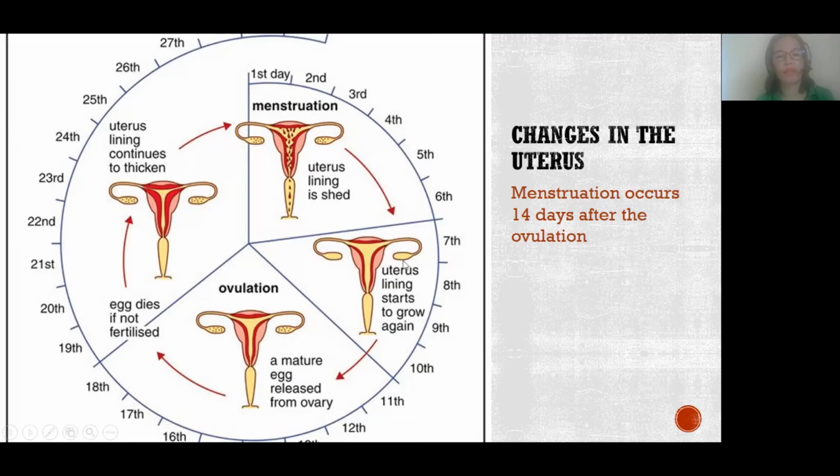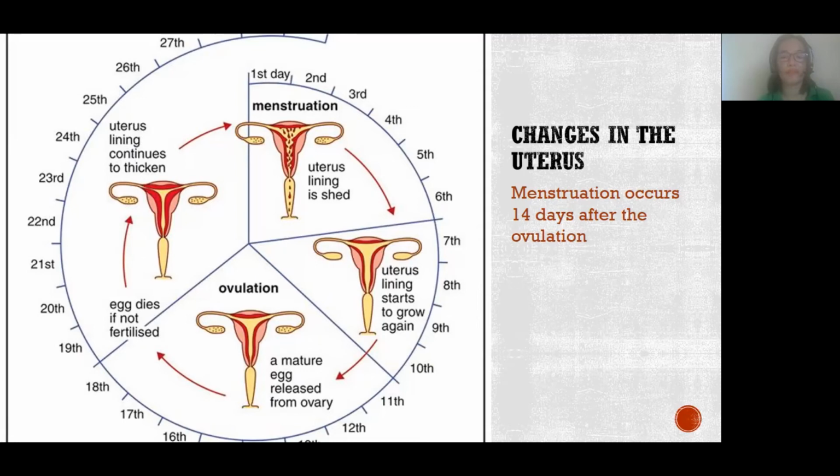After that, with the help of estrogen, okay, the uterine lining starts to grow again, in preparation for ovulation. So here, a mature egg is released from the ovary, preferably on the 14th day. Here, the uterus lining continues to thicken for possible implantation and pregnancy, as the progesterone prepares the uterus.